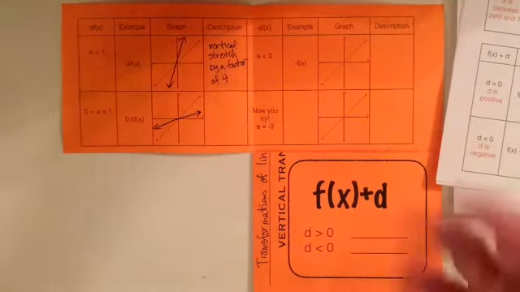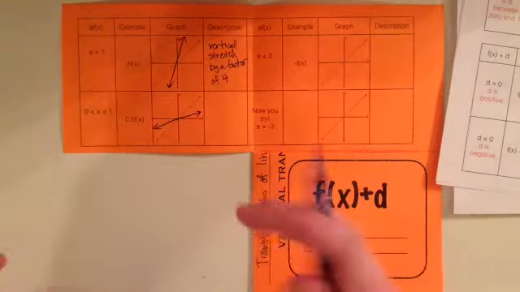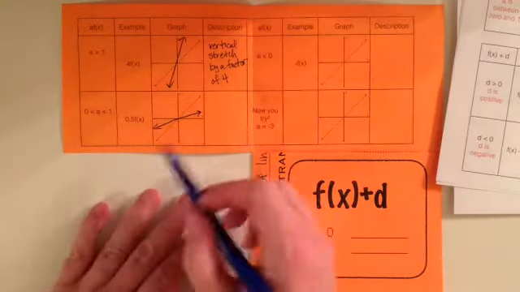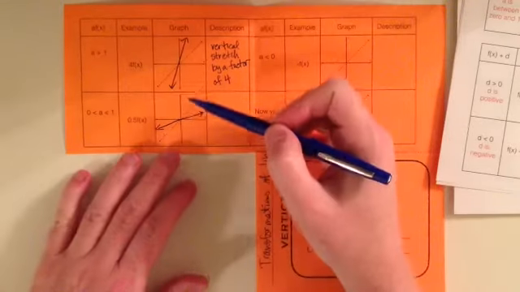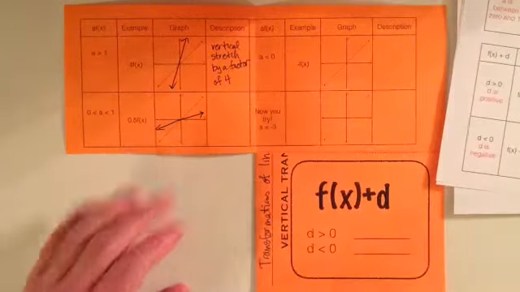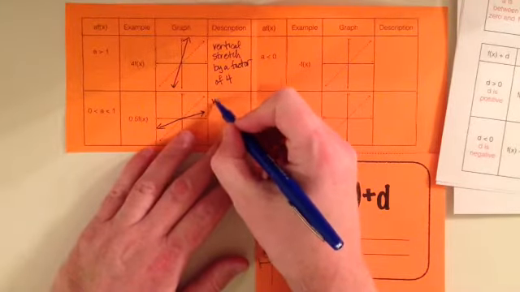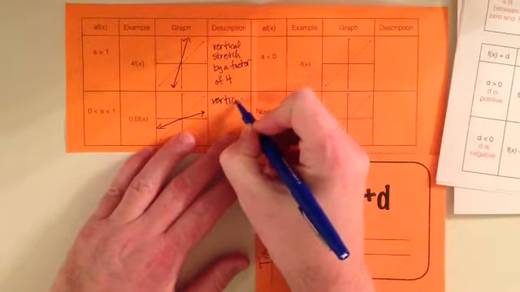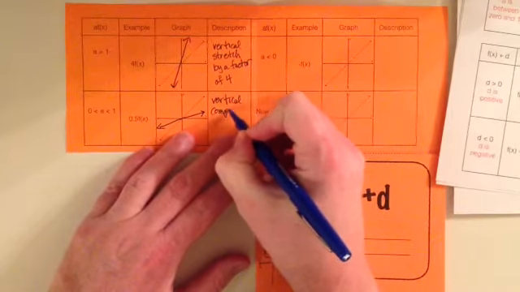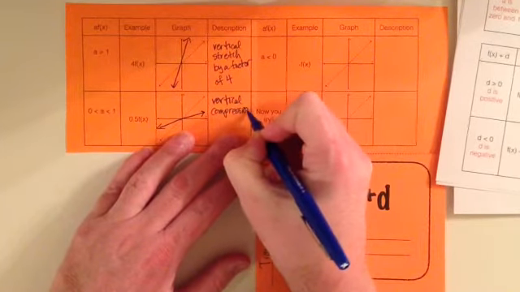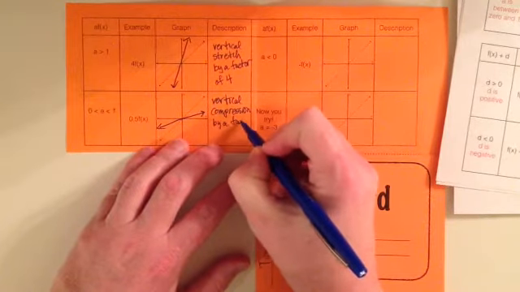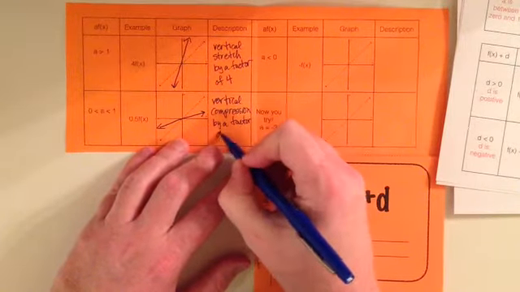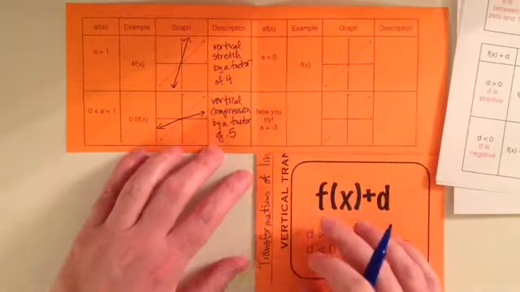Now I know you're supposed to be drawing with rulers, but in this case, because we're not actually connecting points or anything, we're just showing what the line is going to look like. Any type of compression is going to be a line that moves closer to the x-axis. So this would be a vertical compression, and I'll spell compression correctly this time, by a factor of 0.5.